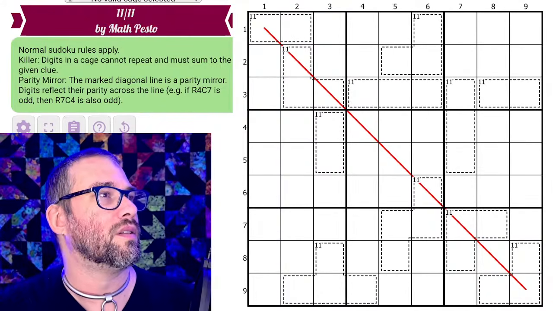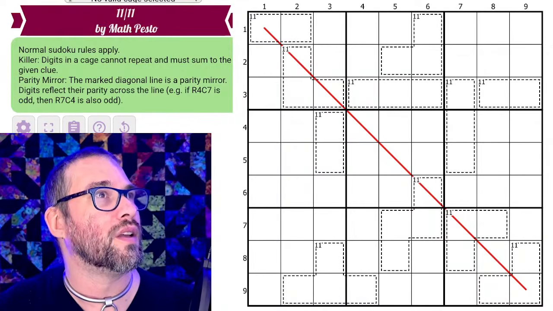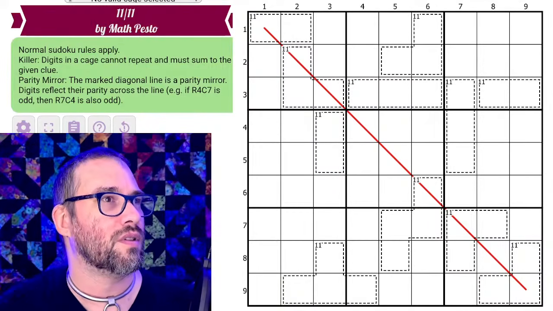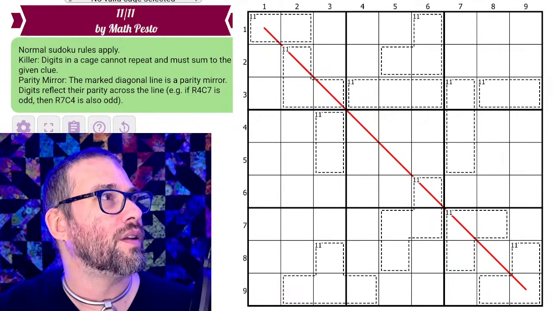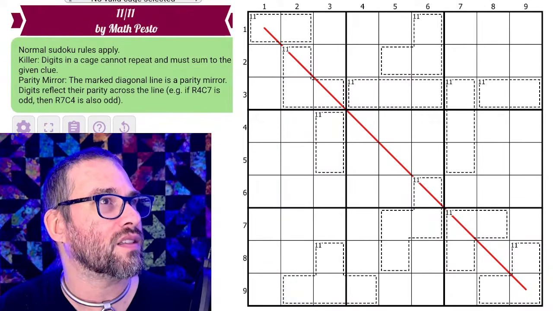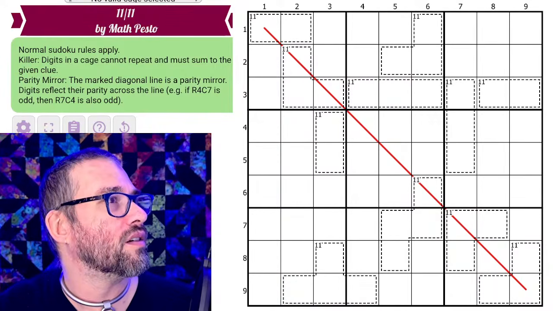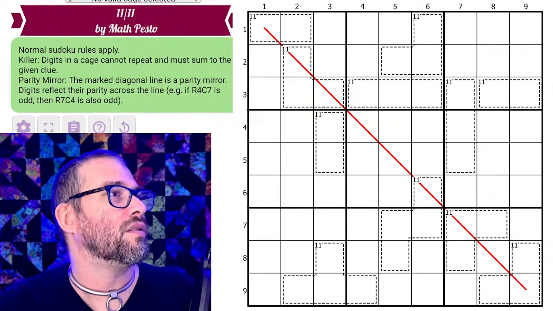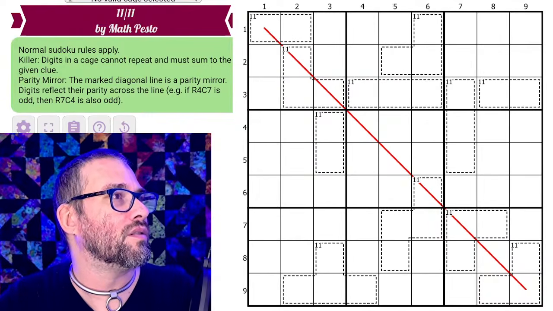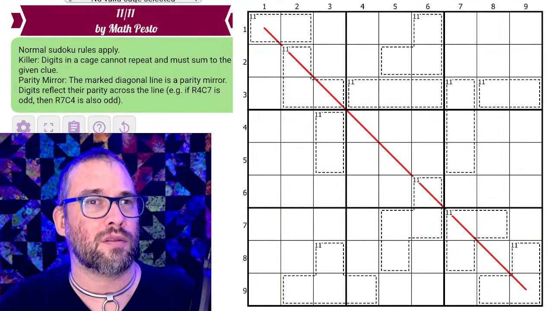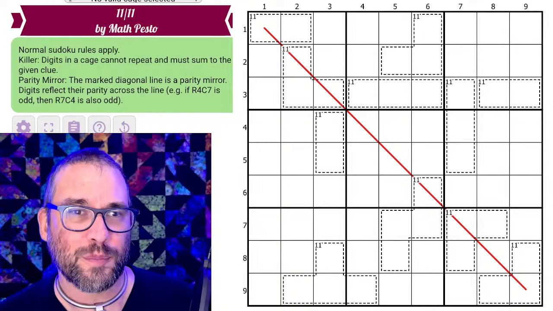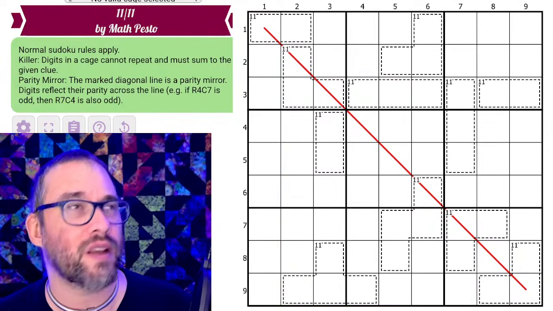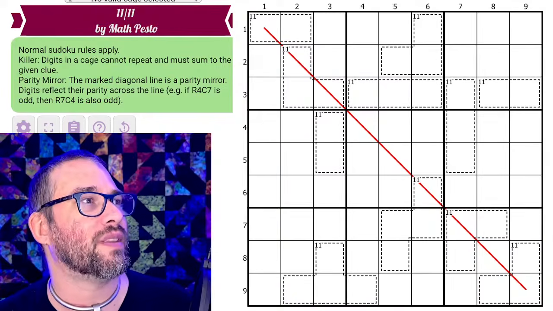Yep, let me give them a ping. Okay. So here, digits don't repeat in a cage, and the cages sum to 11.